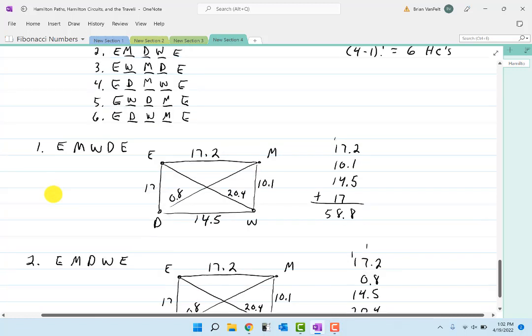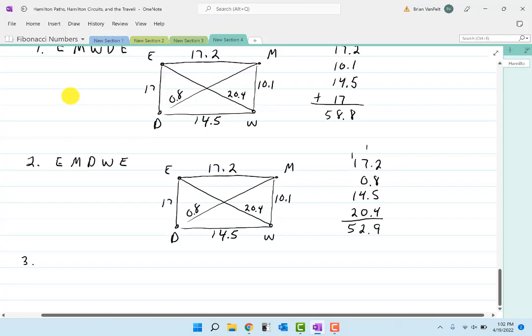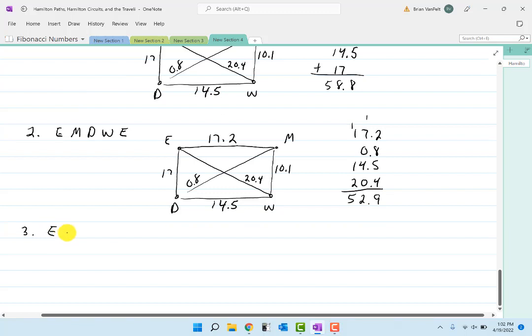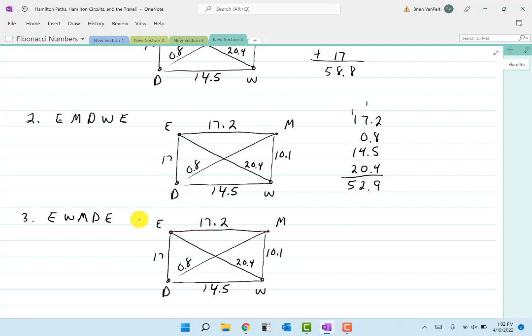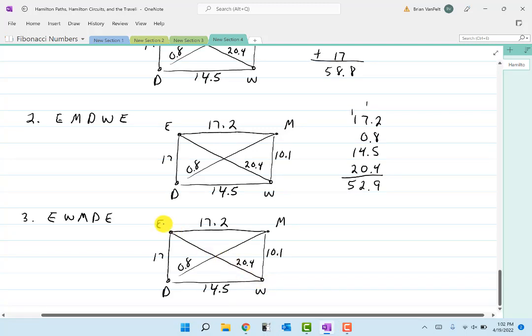Let me see what the next we have. I'm just concentrating on the letters in between the E's. So for number 3, we have WMD in between. Now we're doing EW to start. So EW, I'm going to start on 20.4.